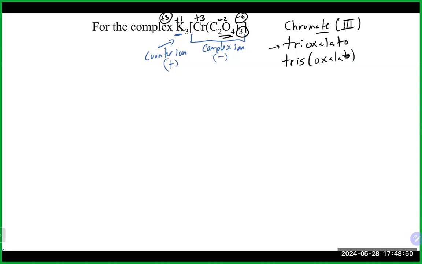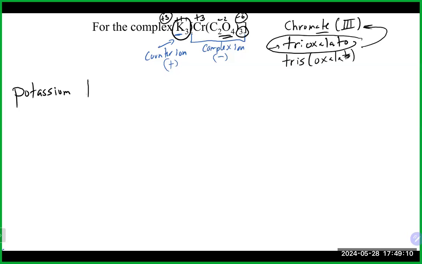We could start with our counter ion in this case. Once again, the counter ion is pretty much just named the element, which is a metal, so that's going to be potassium. When we get to the complex ion part, we go ligands first with the metal coming at the end.